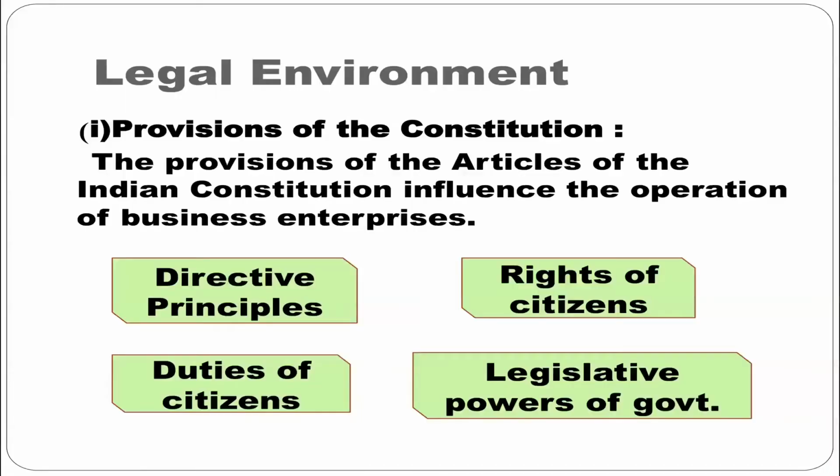In the legal environment, we have to consider the provisions of the Constitution also. Provisions of the articles of the Indian Constitution influence the operation of the business. Which are they? The directive principles, rights of the citizen, rights of Indian citizen, duties of Indian citizen, similarly legislative powers of the government.